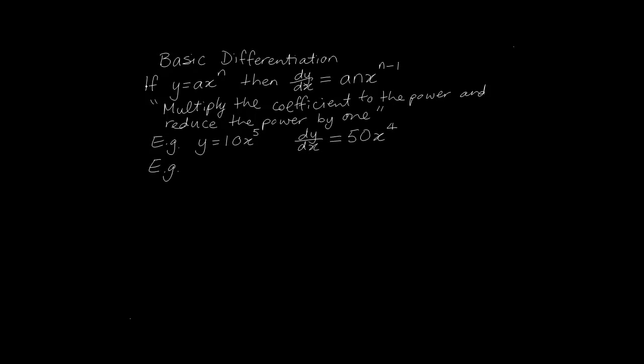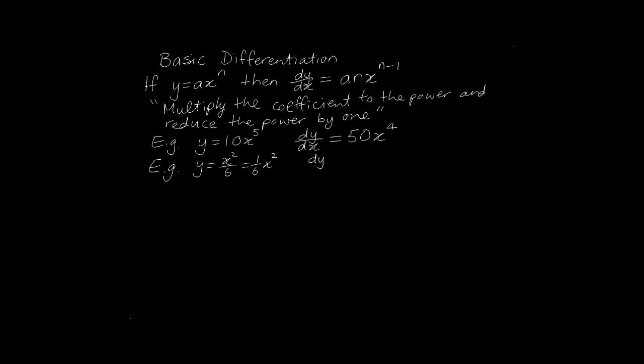Let's have a look at one more example. Suppose I have y equals x squared over 6. Now, some people like to think of this as 1/6 times x squared. It is definitely the same term, but what it does is helps us isolate that coefficient from the actual term.